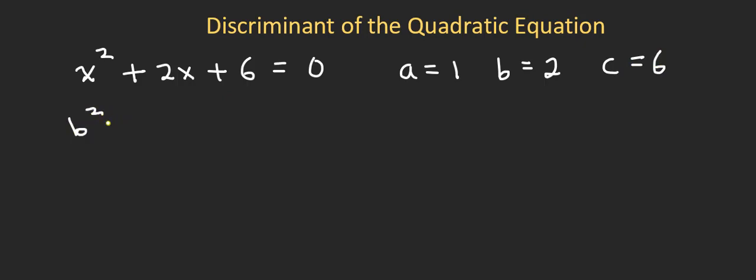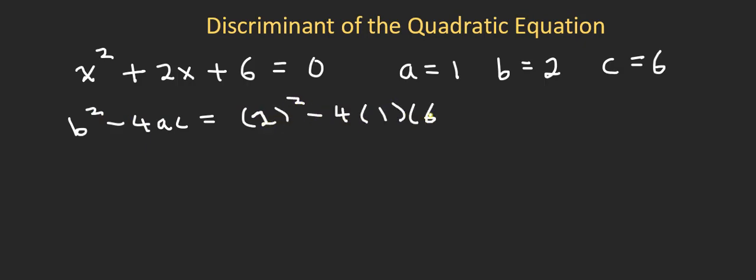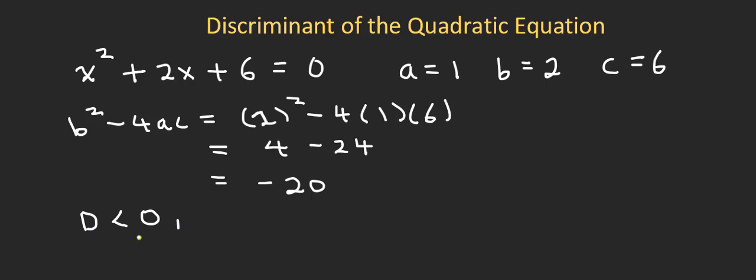So the discriminant will be 2 squared minus 4 times 1 times 6, which is 4 minus 24, which is going to be negative 20. So in this case, our discriminant is negative, which is less than 0. So whenever the discriminant is less than 0, we're going to get no real solution.